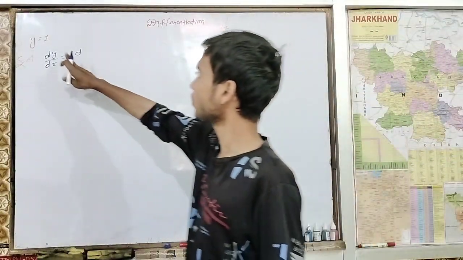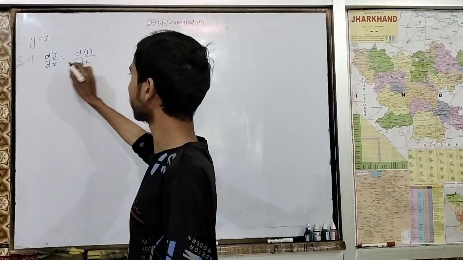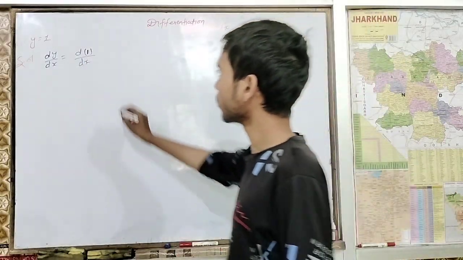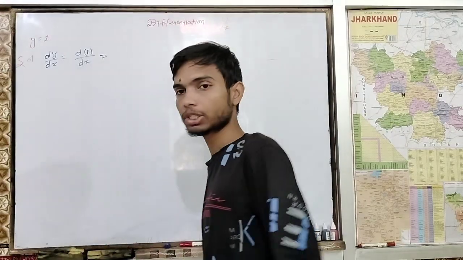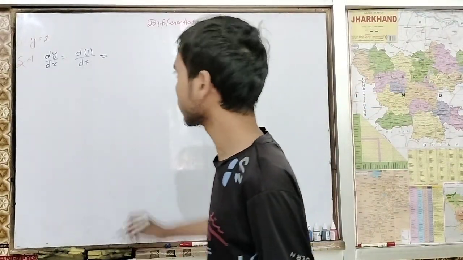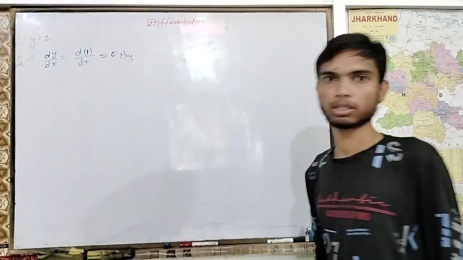In place of y we will put 1, and dx will be as it is. Now we know that differentiation of any fixed number will be nothing but 0.